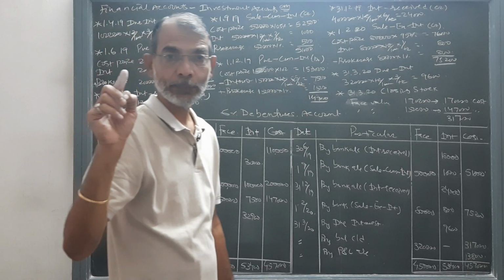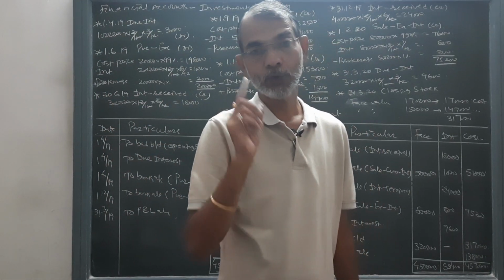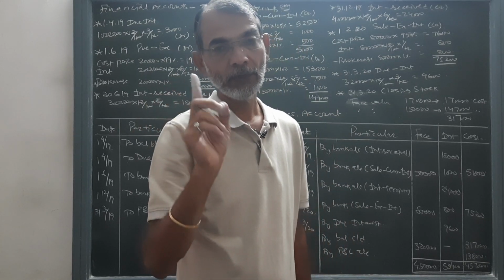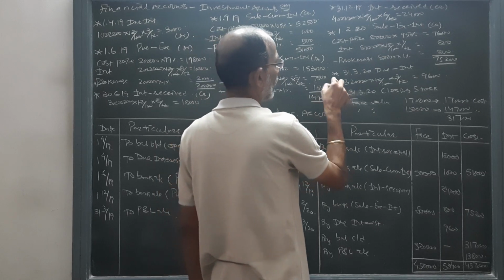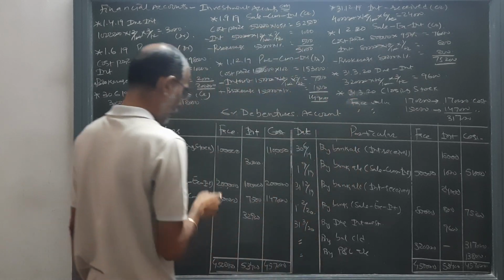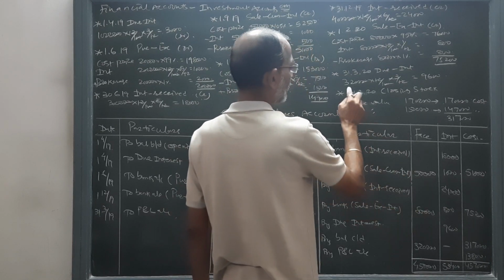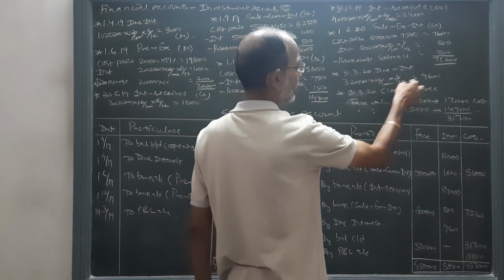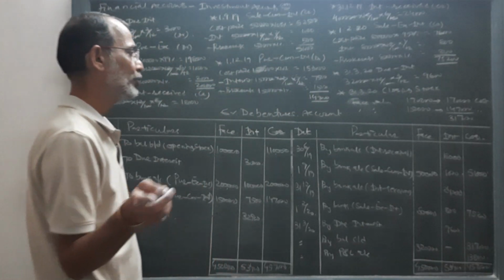All transactions have been done, but as the dates of interest are 30th June and 31st December, due interest will be calculated on 320. How? 450 minus 50, minus 80 on 320, 3 months, 12%, 9,600 on the credit side of the investment account.